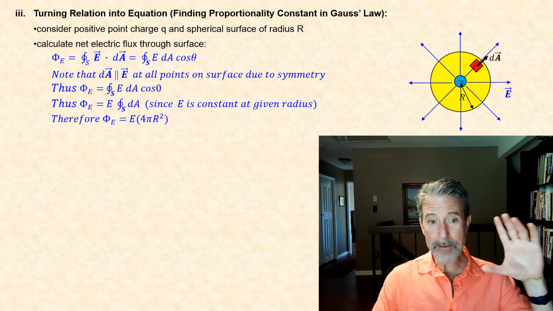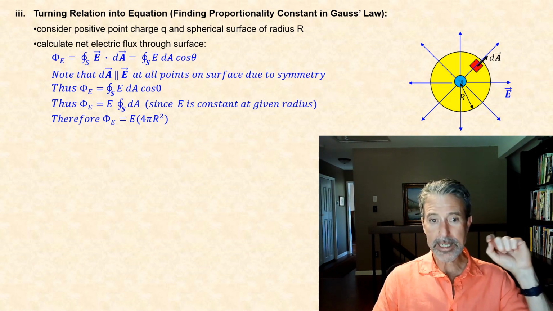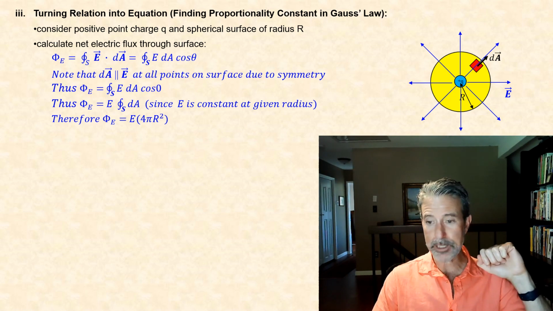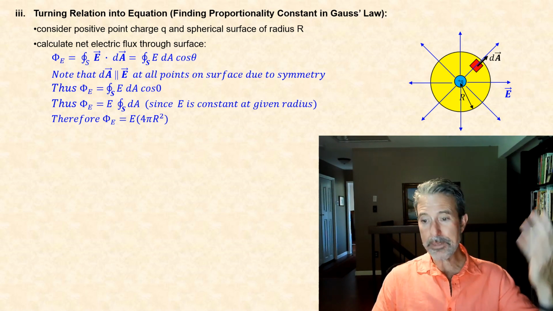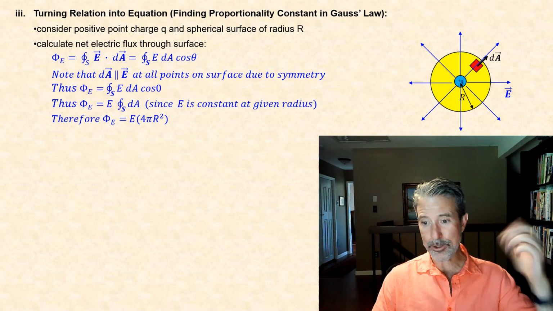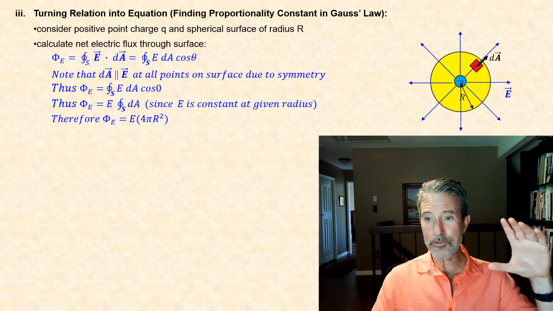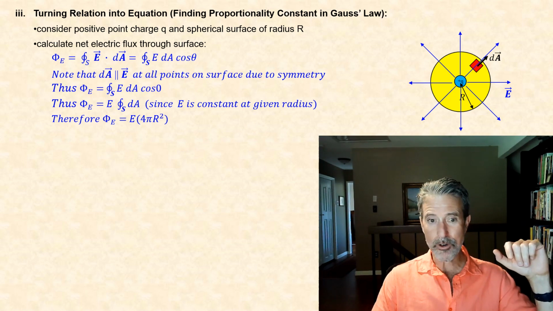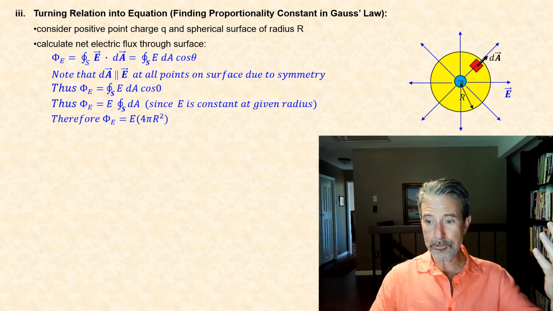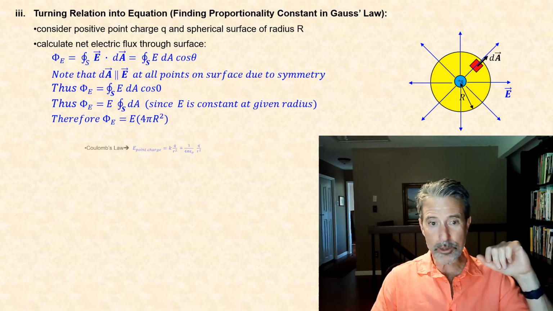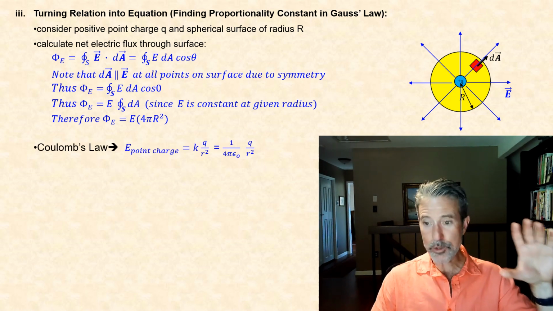So we have an expression here for the net electric flux through that surface in terms of this electric field E. Now, in the future, we're going to want to use Gauss's law to determine E. But we already know the value of E for this particular charge distribution because we've figured that out by applying Coulomb's law. So that's what we're now going to do.